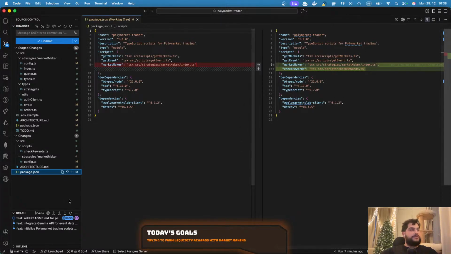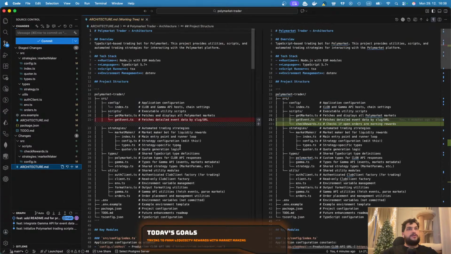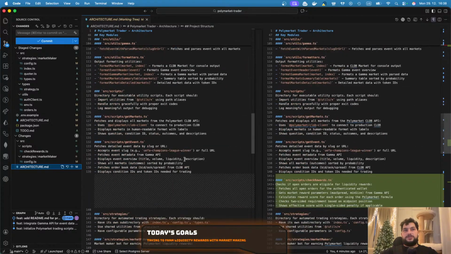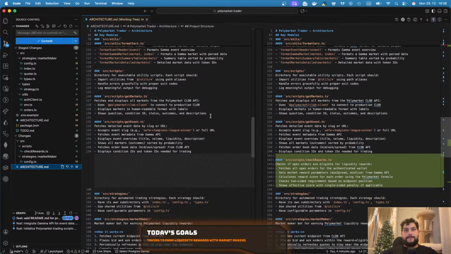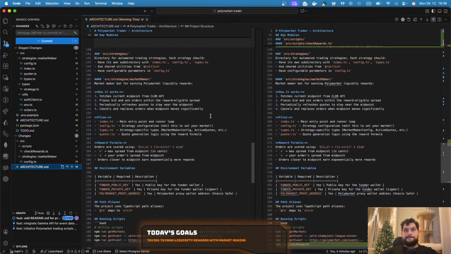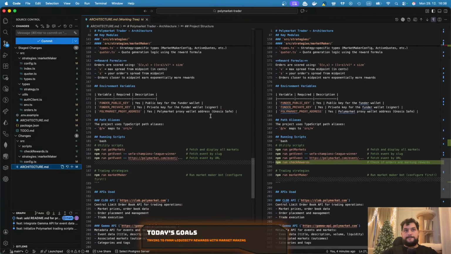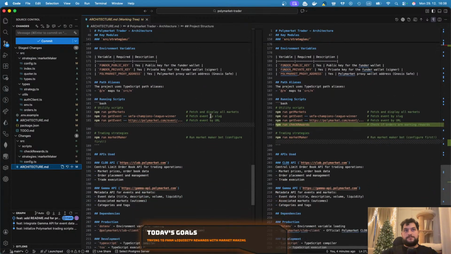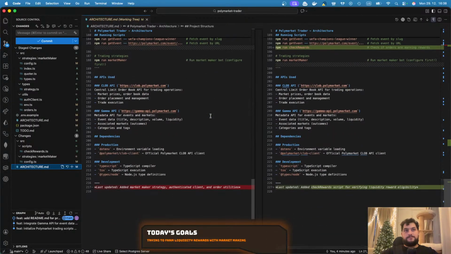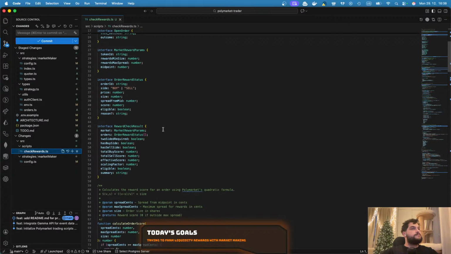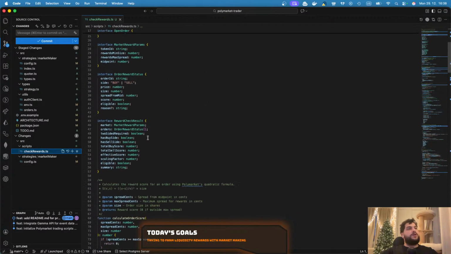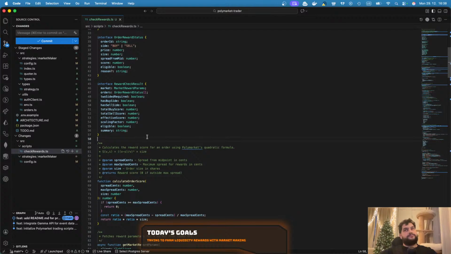So we have a new script called check rewards. Okay, we're gonna have to refactor that as well.